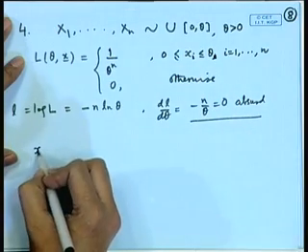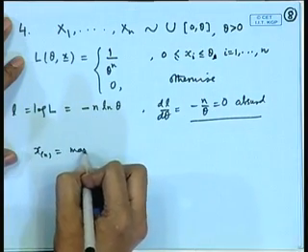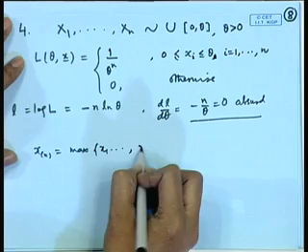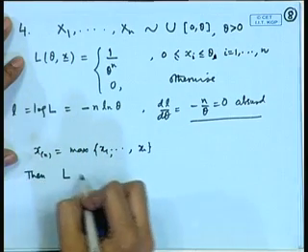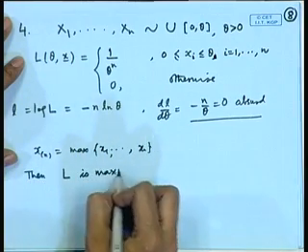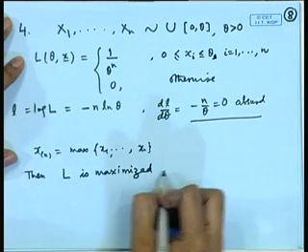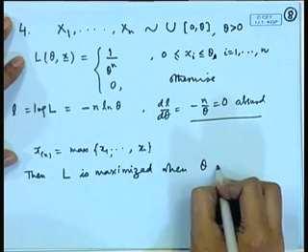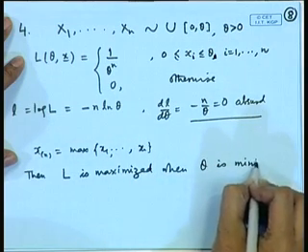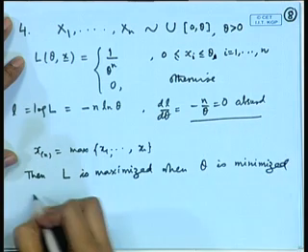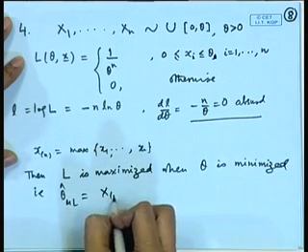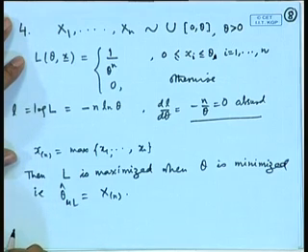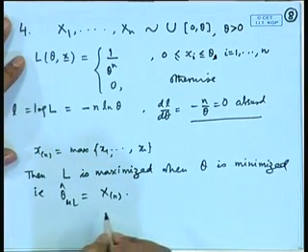If I call x (n) the maximum of x 1, x 2, ..., x n, that is the largest order statistic, then L is maximized when theta is minimized, that is, theta hat ML is equal to x (n). So, this is the maximum likelihood estimator for theta.